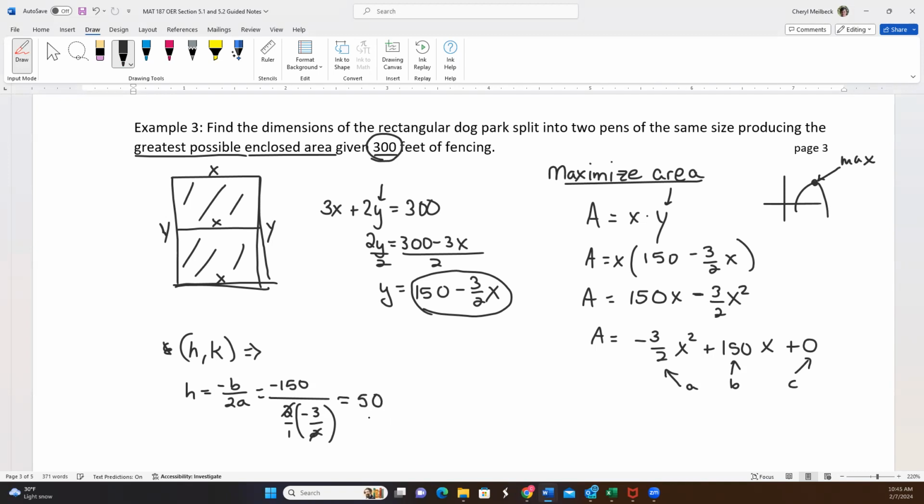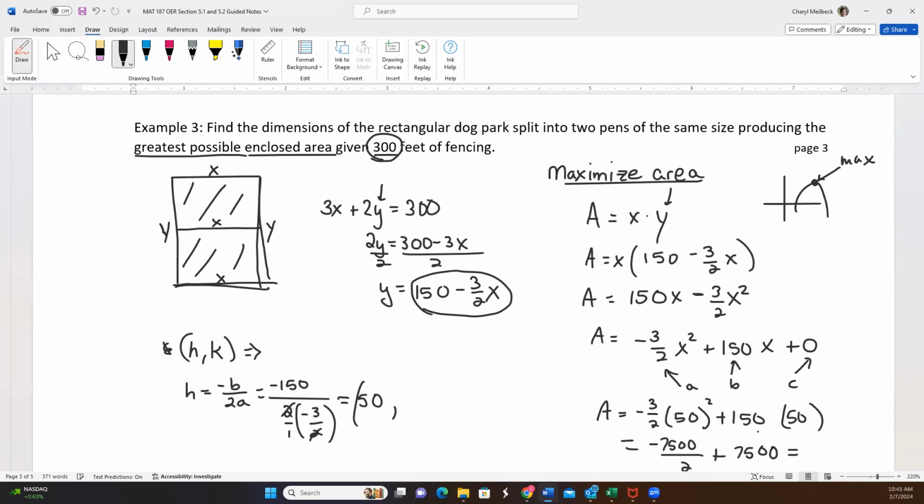So it looks like that's our x coordinate. To find our y coordinate, we substitute the 50 into my function. So we're going to get negative 3/2 times 50 squared plus 150 times 50, and then plus 0 we don't need to do. So 50 squared is 2,500 times 3 is negative 7,500 over 2, plus 50 times 150 is 7,500.